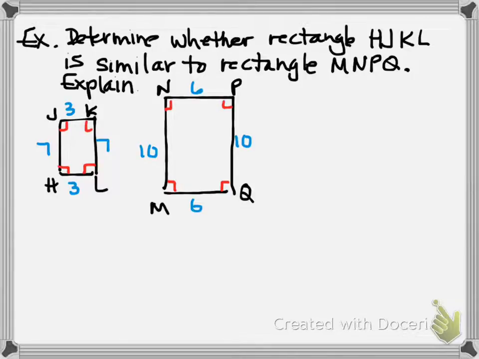So the lettering, the order that they listed the letters is the order of the correspondence. So H corresponds to M, so I'm going to write this over here. So we have HJKL. We have MNPQ. So when we're looking at angles, we look at them in pairs like this.